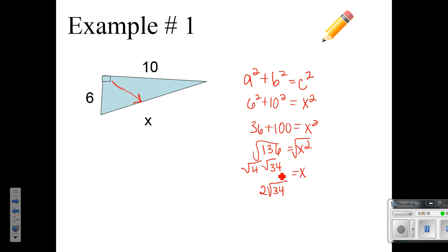The square root of 34 doesn't have any perfect square factors, so we keep it that way. And the answer would be 2 square roots of 34 equals x. Now remember, we don't want any decimals because they're not as accurate as simplifying the radicals. So make sure that you simplify your radicals to the fullest.